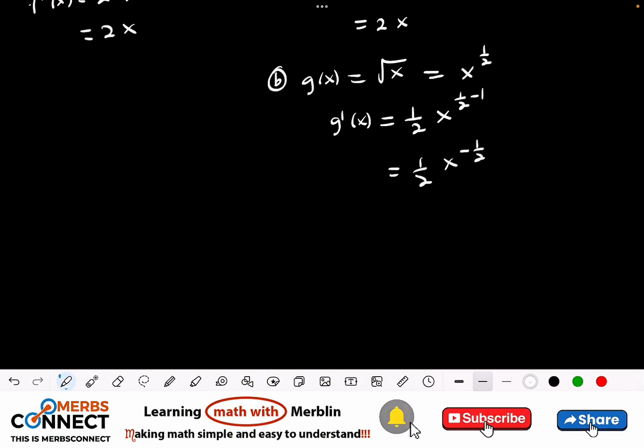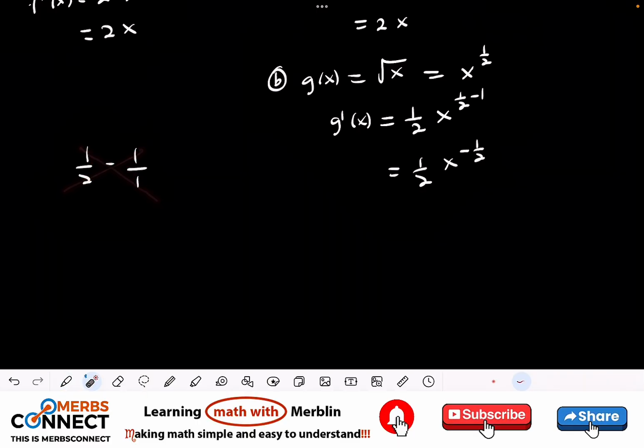My trick for finding this, when you are dealing with fractions, 1 over 2 minus 1: 1 is the same as 1 over 1. So it's left, right, down. Left will be 1 times 1, minus right, which is 2 times 1, divided by down, which is 2 times 1.